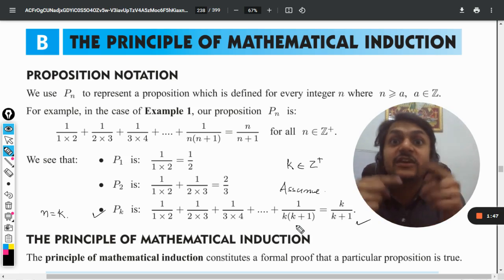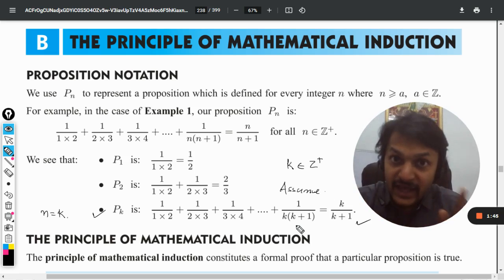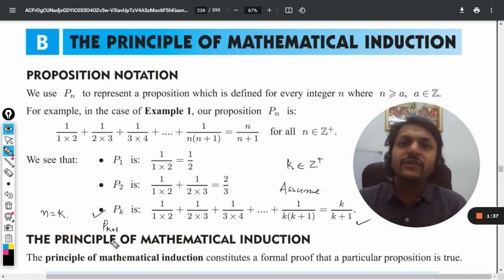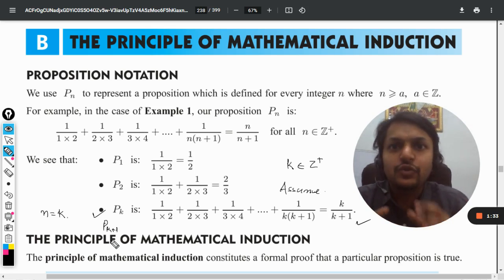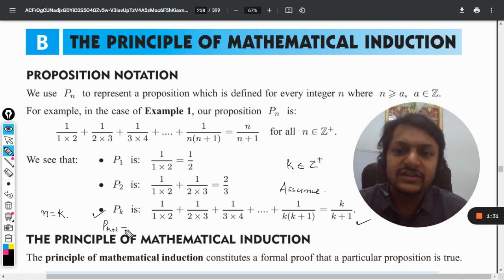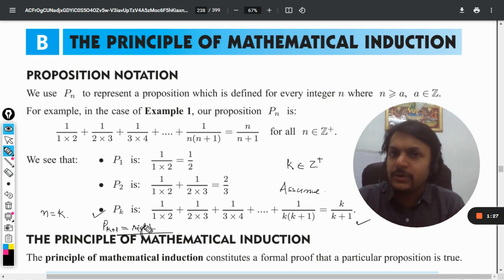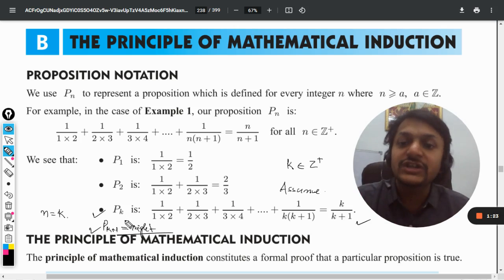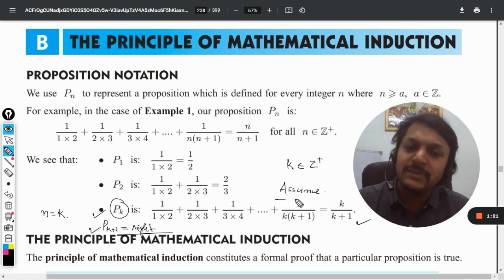Now, having this condition that this is correct, we will create another equation for pk plus 1. And when we create this equation, pk plus 1, we have to prove that this is right. I will do this in upcoming examples, do not worry. If I prove that this is right by using the condition that pk is right, which is my assumption.